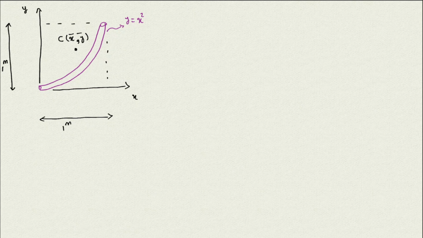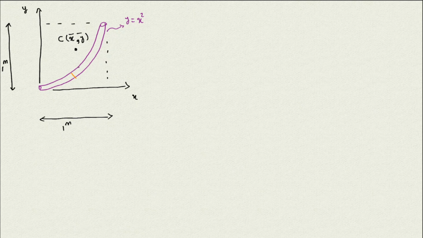Okay, let's look at an example. This is a 1D rod we have here, and that has the equation y equal to x squared, and we want to find the centroid of that rod if it goes from 0, 0 to 1 and 1. So again, the very first thing we need to do is define a small element on that. We'll assume this is the element we choose.